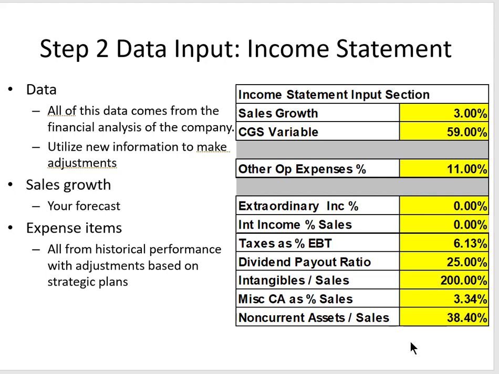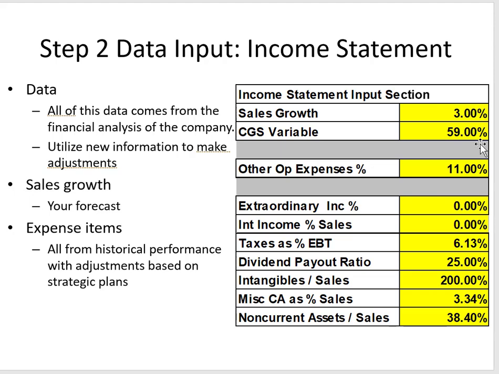So if we know that the average cost of goods sold is 59%, and something has happened in our production line, for instance, that's made us a lot more efficient, maybe we want to change that number. We'll say, maybe it's probably closer, maybe 54% now, because we're going to save all those expenses.